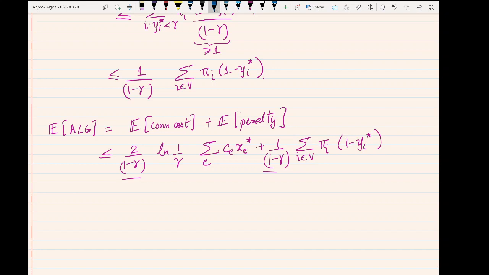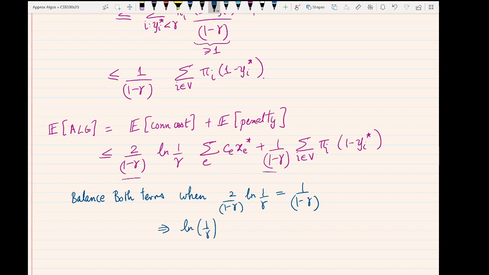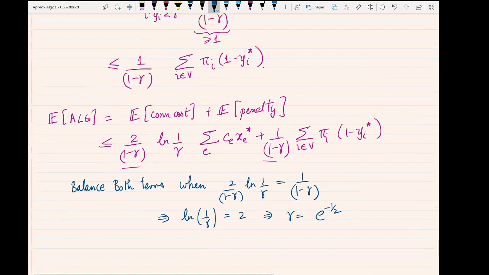So you balance both terms when 2 over 1 minus gamma times natural log of 1 over gamma is equal to 1 over 1 minus gamma, which gives us that gamma is e raised to minus half.